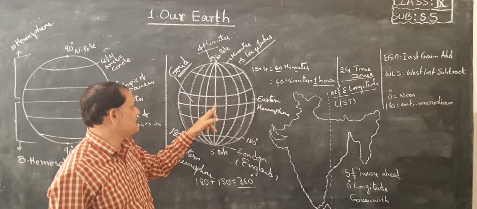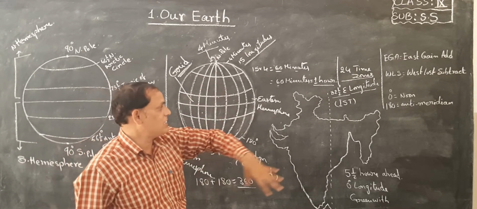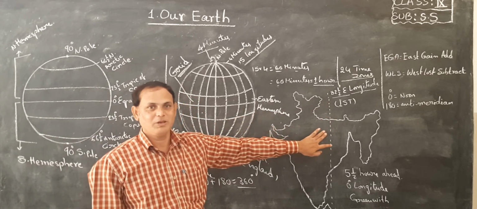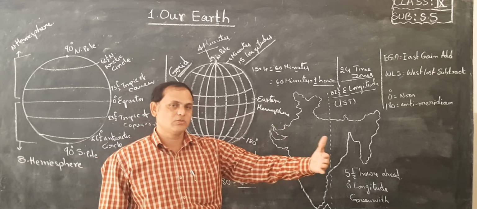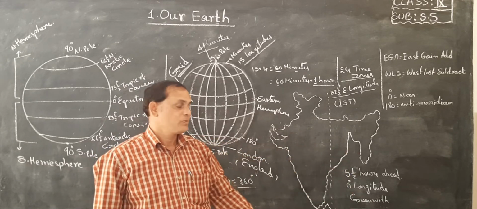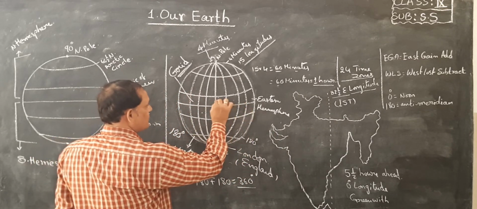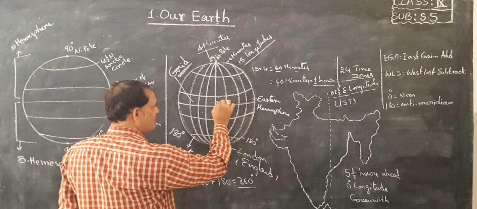That means what, children? If the time is 12 p.m. in London, in our country the time is 5:30 p.m. evening. Why? Because we will add that 5.5 hours. This is east side, if you go from here to here, in this direction, you will add the time.